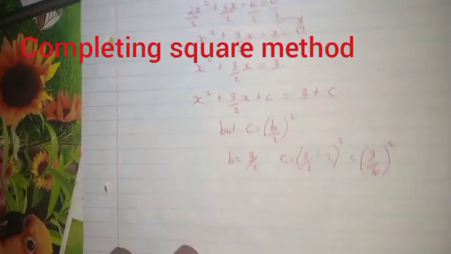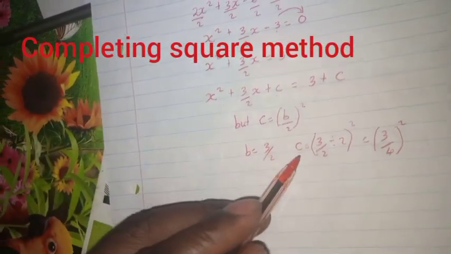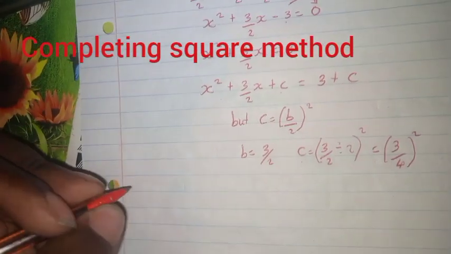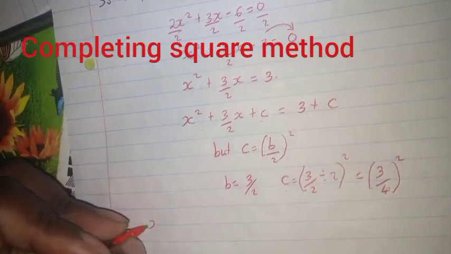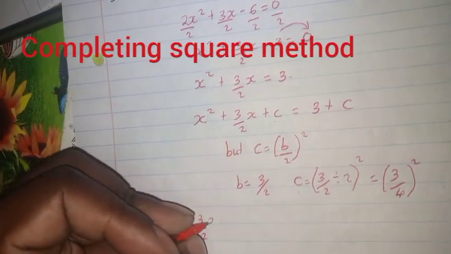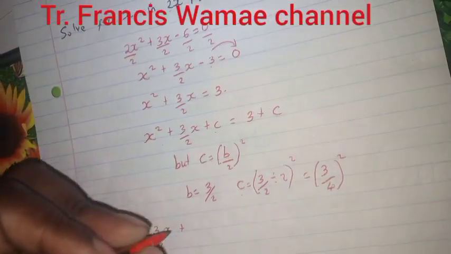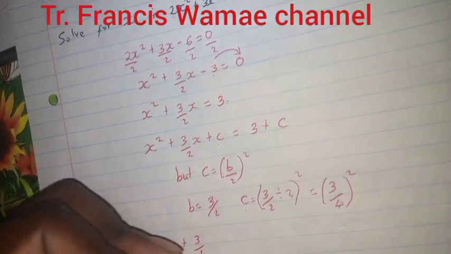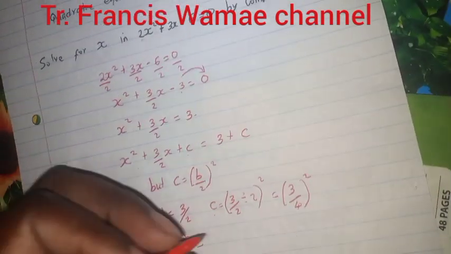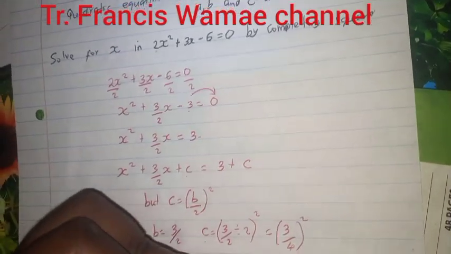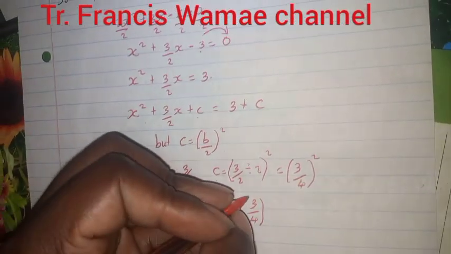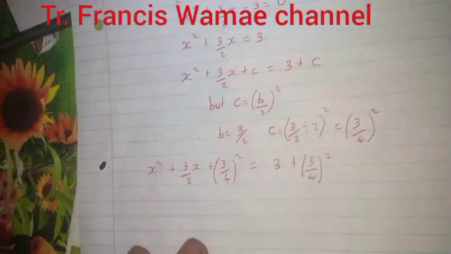Now, having that, we replace the c with that constant, and that means we will have x squared plus 3 over 2x plus 3 over 4 squared is equal to 3 plus 3 over 4 squared.